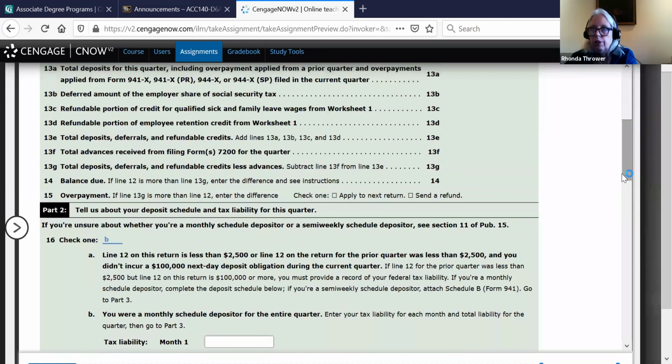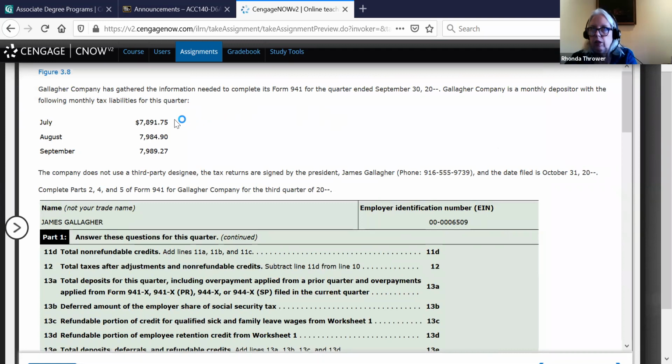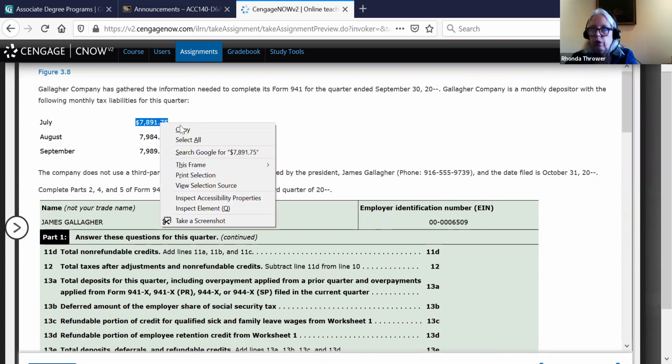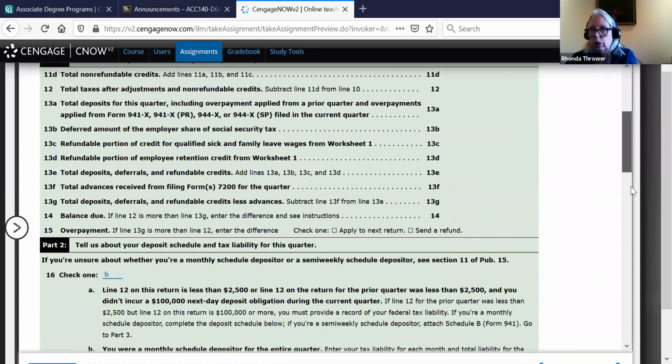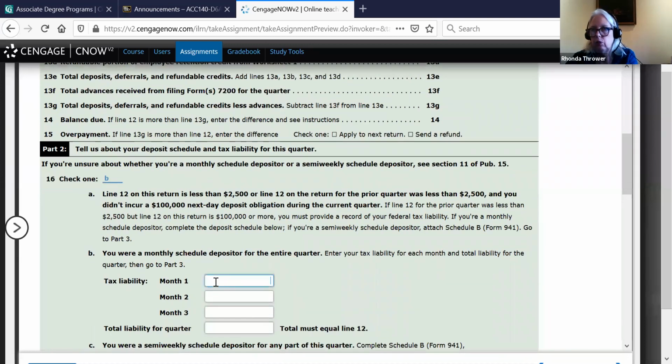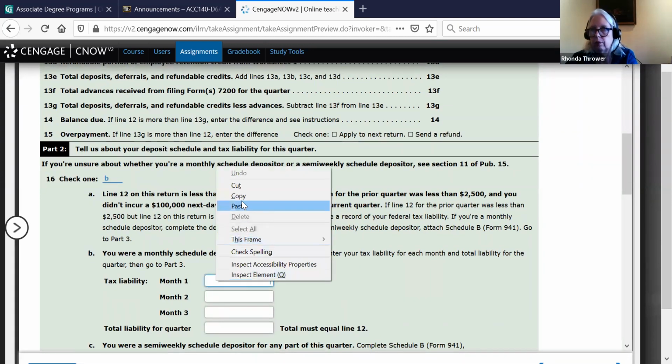The monthly tax liability for July is $7,891.75. I'm going to copy this and I'm going to paste it into month one's deposit.